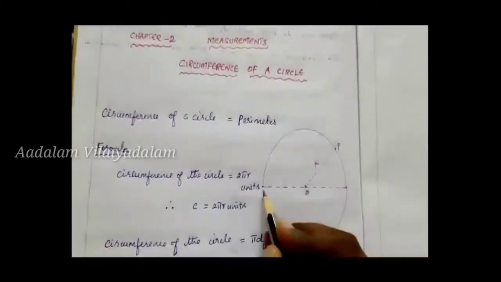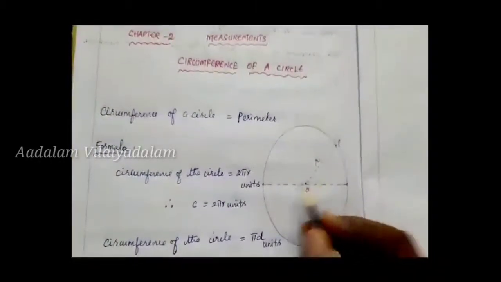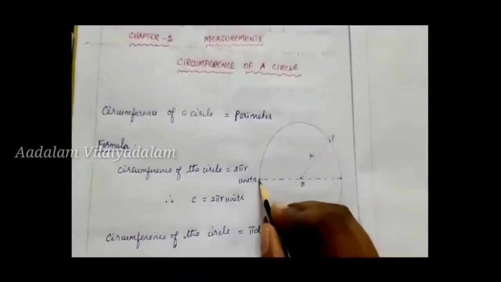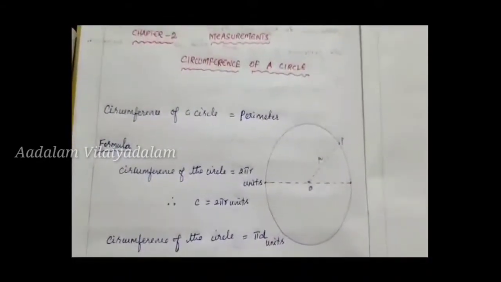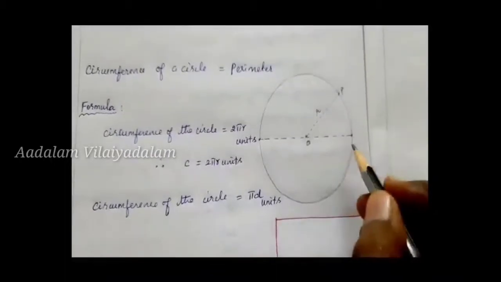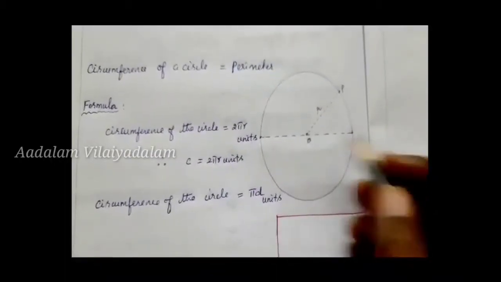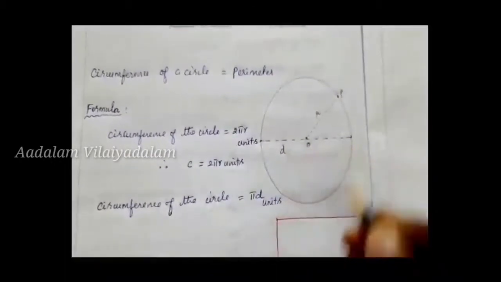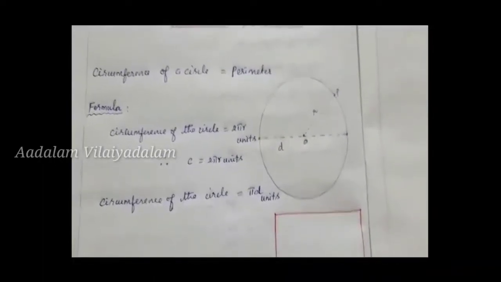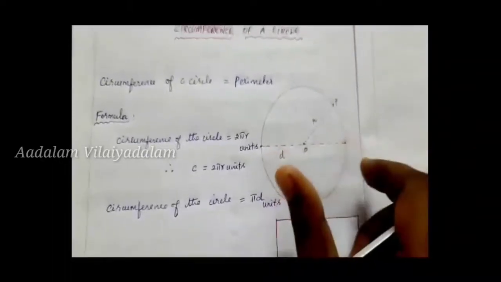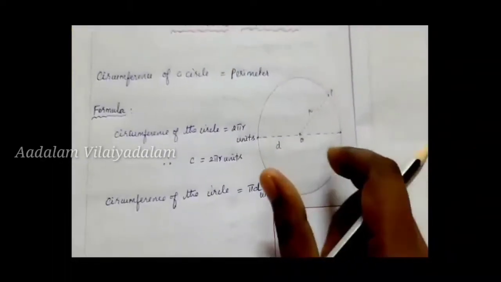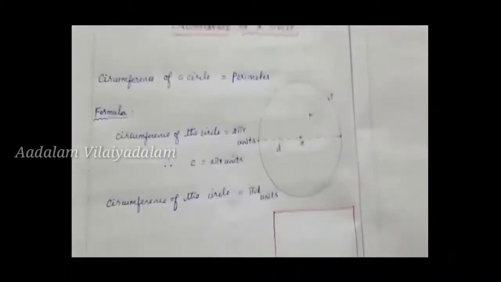If the distance is extended, or twice, if a line passes through the center of the circle, it can be named as diameter, so we can write it as D. So we can say the two positions of the string which fall on a straight line is the diameter of the circle.